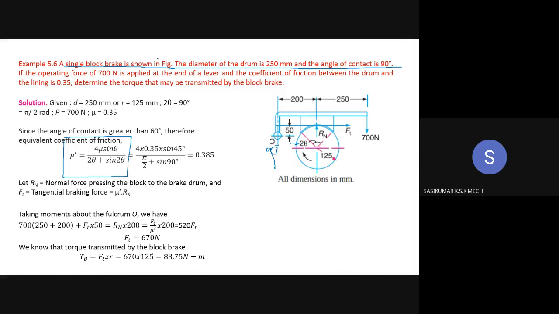If the operating force of 700 Newton is applied at the end of the lever, and the coefficient of friction between the drum and the lining is 0.35, determine the torque that may be transmitted by the block brake. So how much torque this kind of block brake may be transmitting, that is what they are asking.